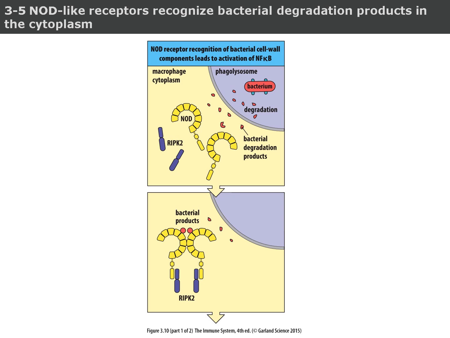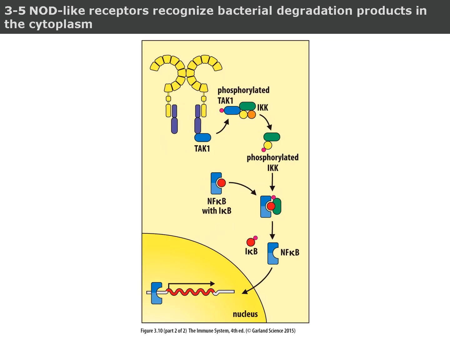These sensors bind the bacterial fragments and then interact with a signaling protein called receptor interacting serine/threonine protein kinase 2. This interaction sets off a chain of signals that ultimately alert the immune cell to the presence of bacteria and begin the process of initiating an inflammatory response.